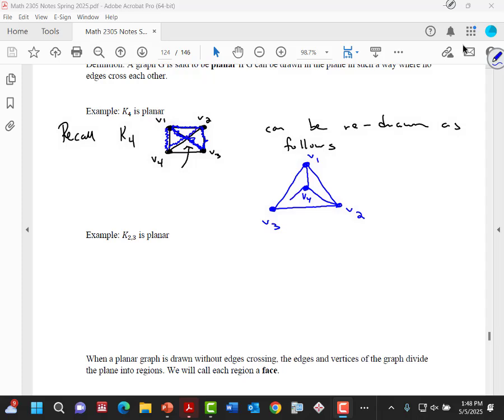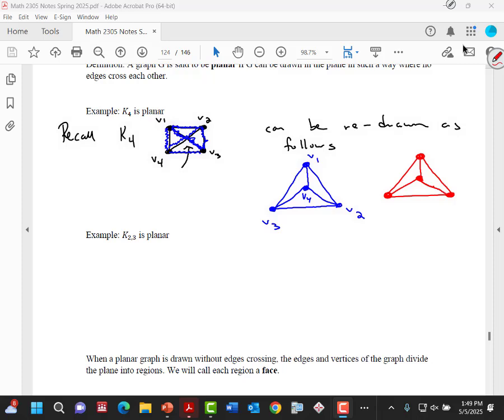And V4 to V3, that's this edge right here. I'll redraw it better over here. Like so.